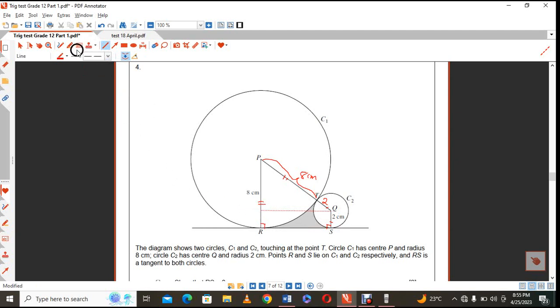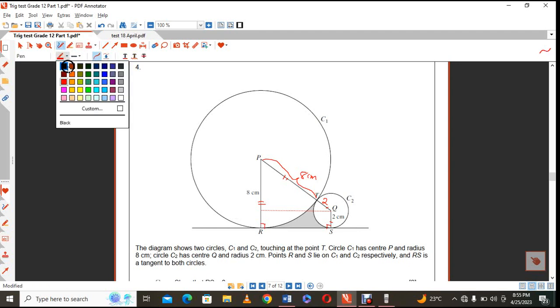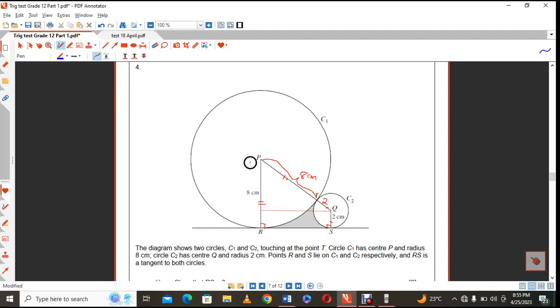So, having said that, also considering that from here all the way up to here must be 8 minus 2, because that is 2 over there. Can you agree with me? So this distance here is 6, and that is going to be a right angle triangle.